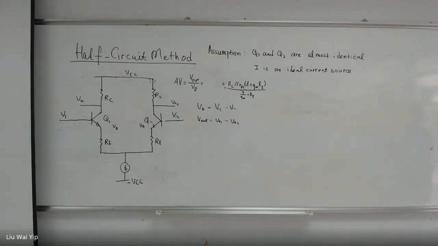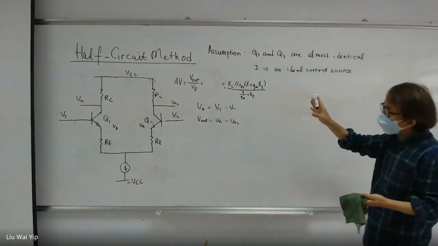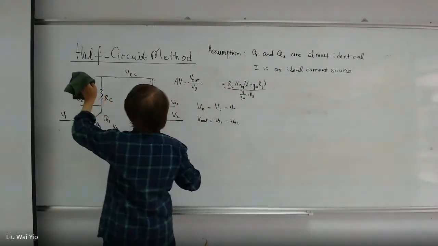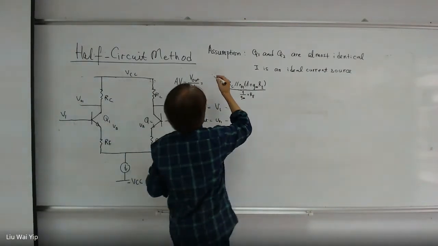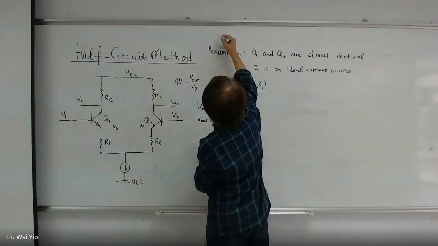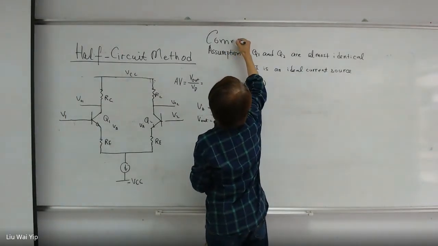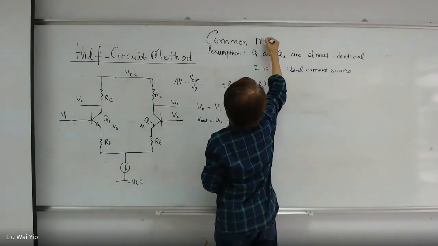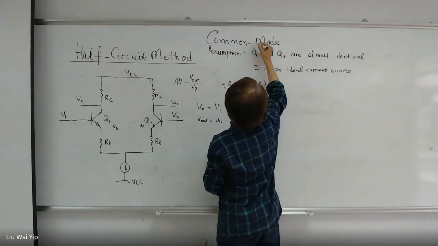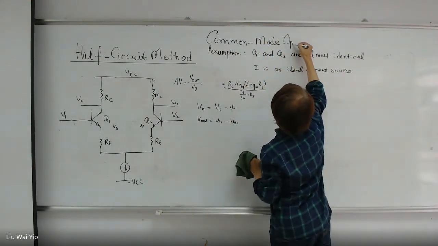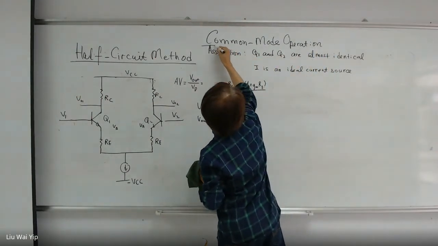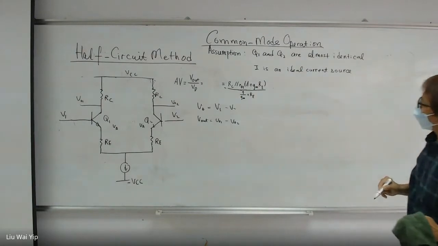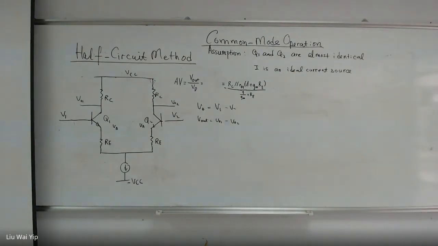You know why we are now dealing with something else? We are dealing with another topic, common mode. So let's write down common mode operation. We still need to use the half-circuit model, but we are dealing with common mode. So it is something different.